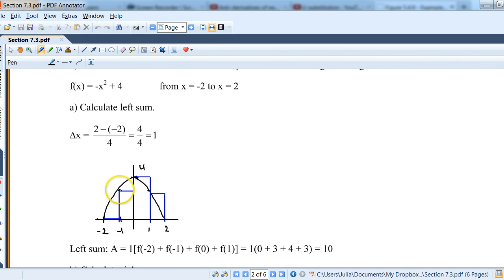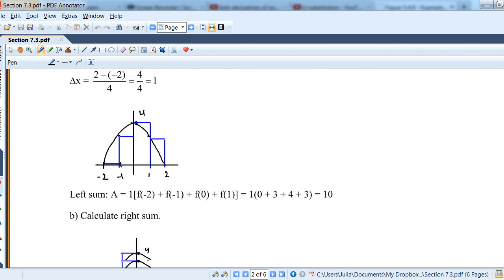So f of negative 1 is the second rectangle. Then 0, because if you add 1, you'll get 0. So the third rectangle is touching the curve at x equals 0, and the fourth rectangle is touching at 1. So notice we don't quite reach 2, the last endpoint. So all the y values will be 0 plus 3 plus 4 plus 3. We add them up and you get 10.